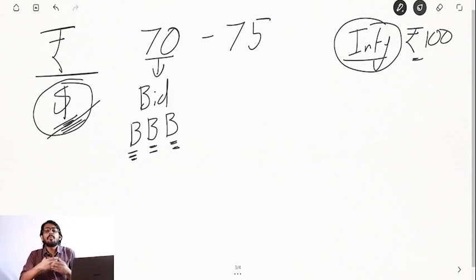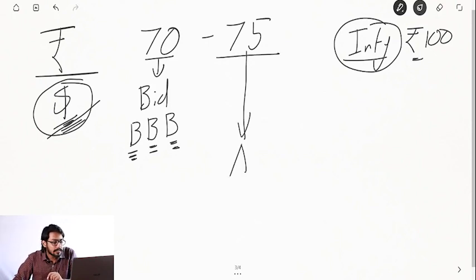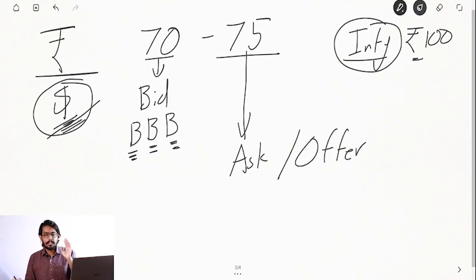Now, suppose you want to sell dollars, you will go to the bank and the banker will buy from you at 70. If you are a customer and want to buy, the banker will sell it to you at the ask rate or the offer rate. Understand?